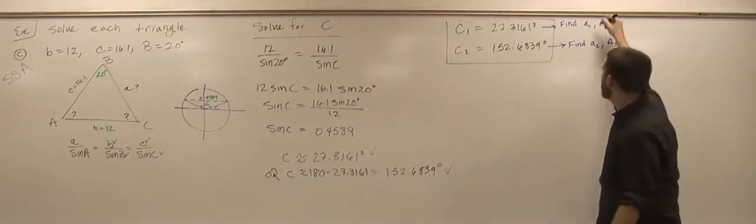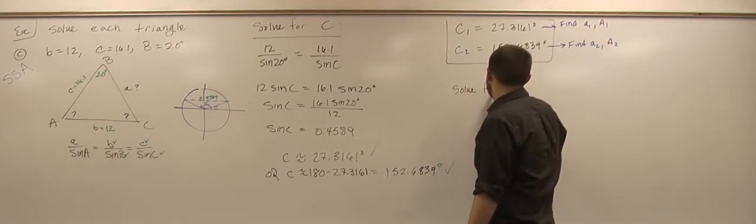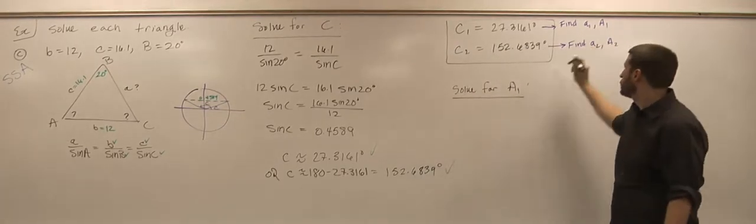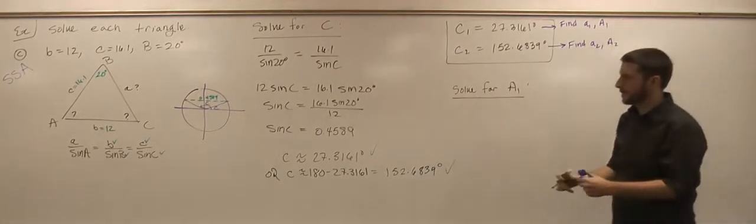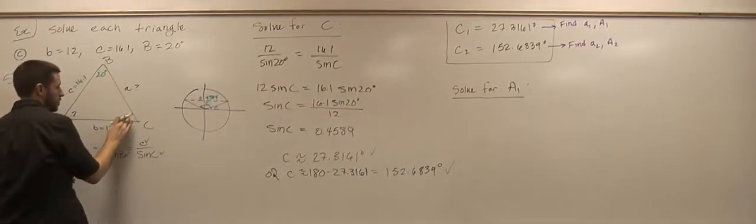So let's focus on big A1 first. How can you get the angle big A1? 180 minus what you already know.